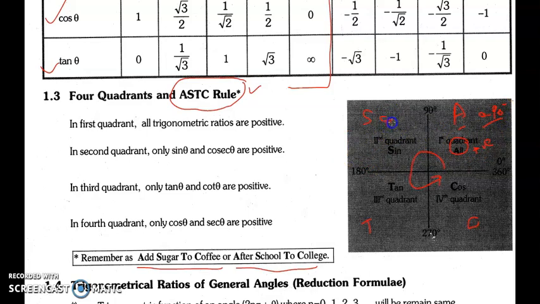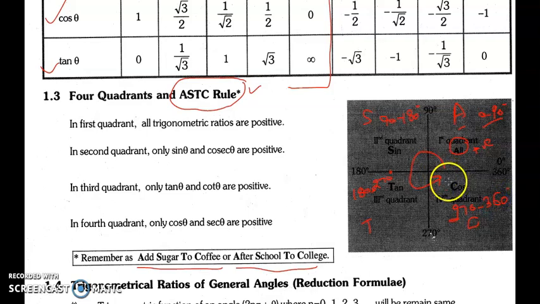Second quadrant deals with trigonometric ratios between the angles 90 to 180 degree. Third will be from 180 to 270, and fourth would be 270 to 360.